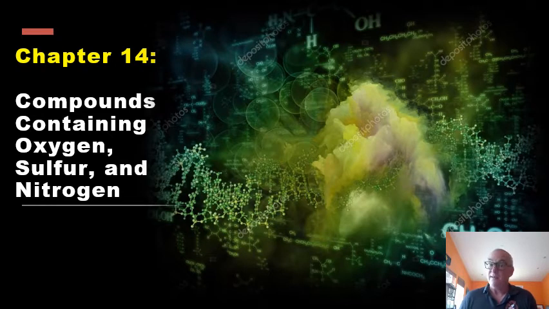What you need for reactions to take place are some of these so-called functional groups containing oxygen, sulfur, nitrogen, and other things that allow these organic compounds to undergo important reactions. And we'll learn about some of those compounds and some of the reactions they undergo in this particular chapter.